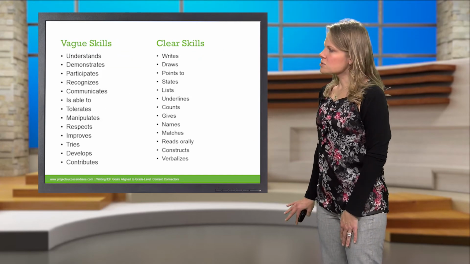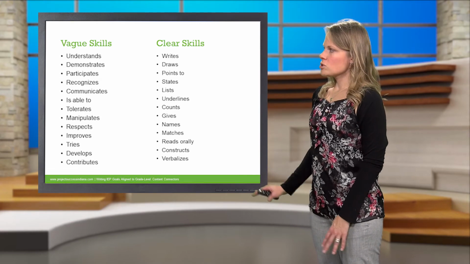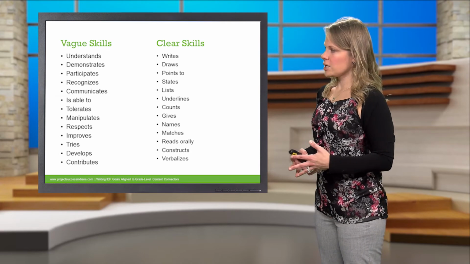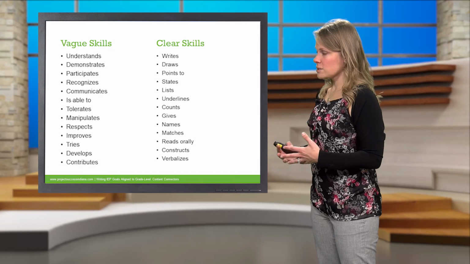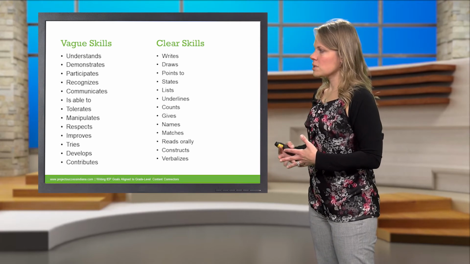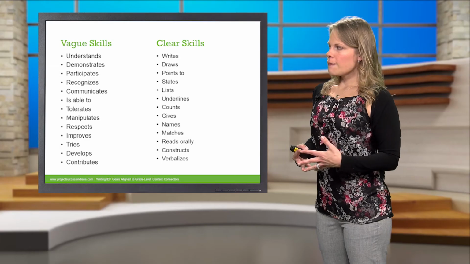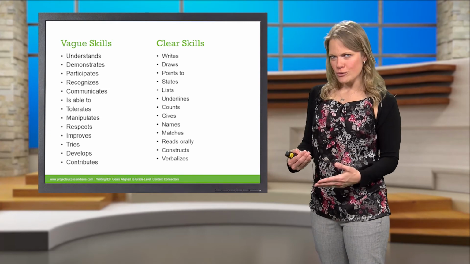This is a nice reference slide here, thinking through some words that indicate more vague skills that you'll want to stay away from when writing an IEP goal, and then some words that would indicate more clearly defined skills that would be more appropriate to use. Things like understanding or recognizing, communicating, those are important skills, but they're a little bit more tricky. How do we know if a student understands something?